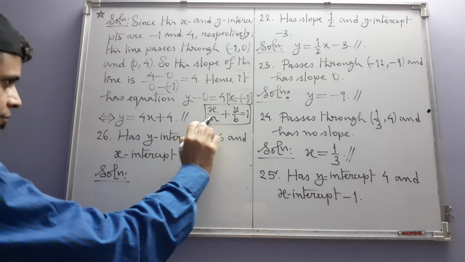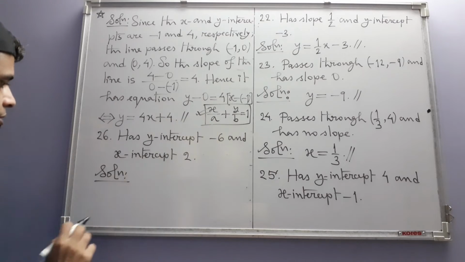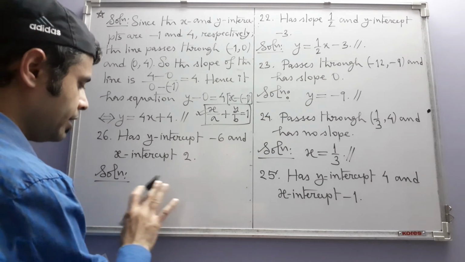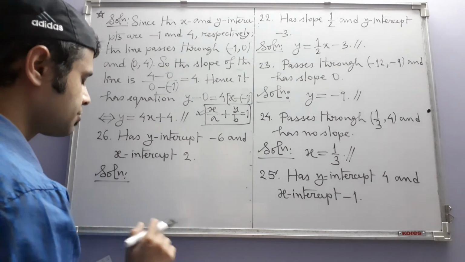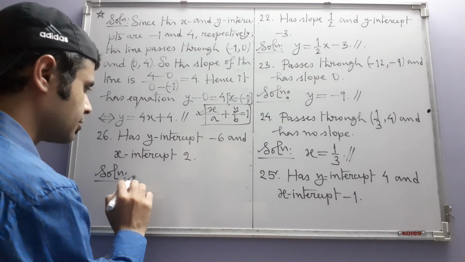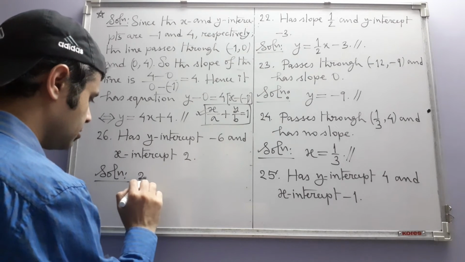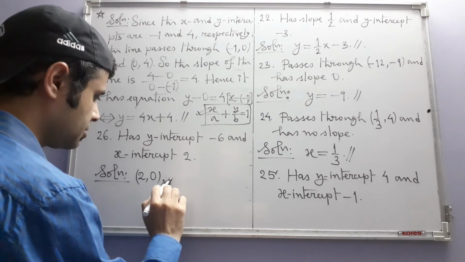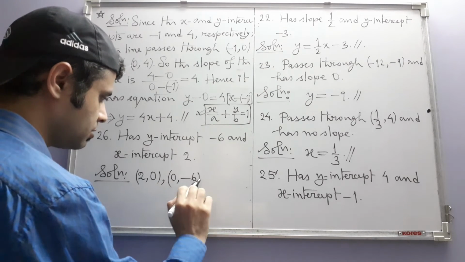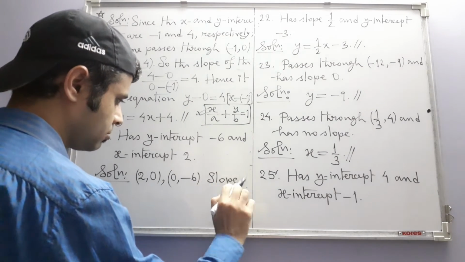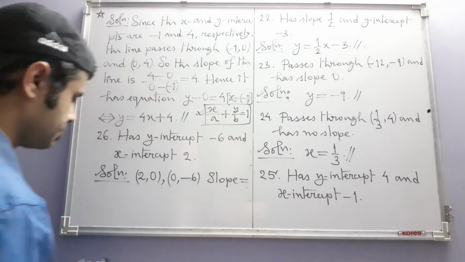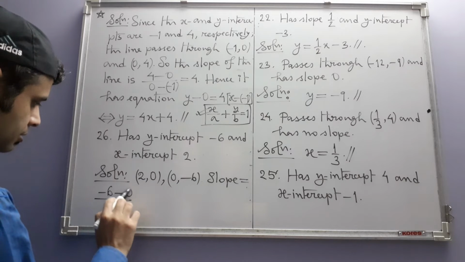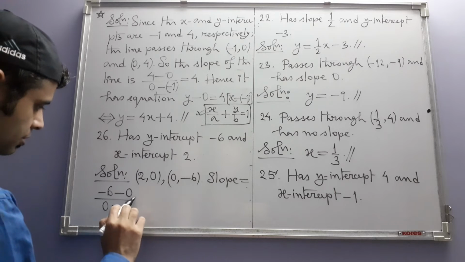But since we don't have this form in the book, we have to find it in this way. Let's not write all the things. First let us find the slope. Let us just write the coordinates of the points. The x-intercept is 2 means one of the points is this. The y-intercept is -6 means the other point is this. So slope is equal to -6 minus 0 divided by 0 minus 2.